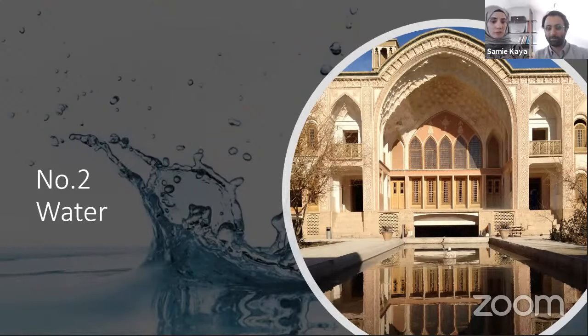This photo on the right is a photo that I took, and you can see water is used in such a beautiful way to not only make the reflection, but also it's used for washing as well. So it's really a powerful thing.